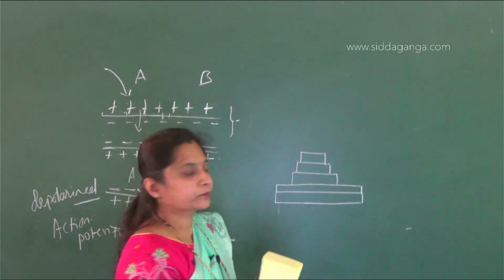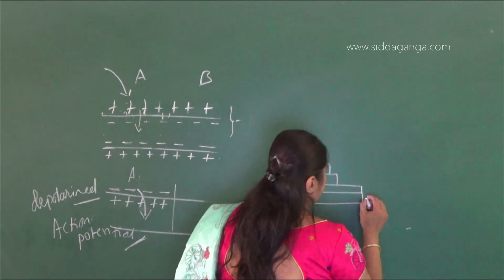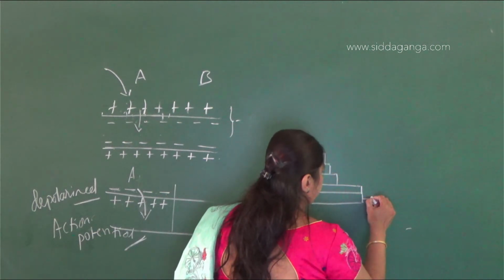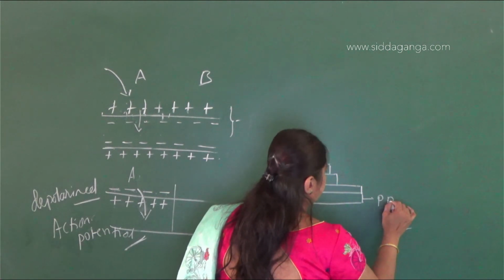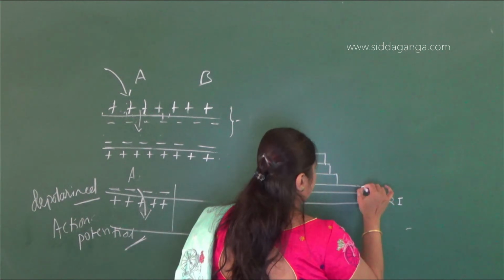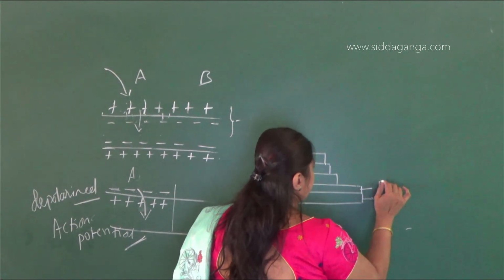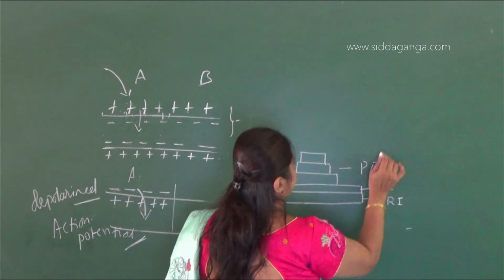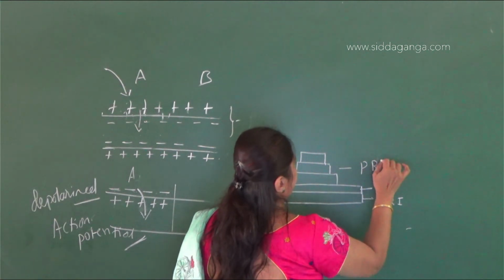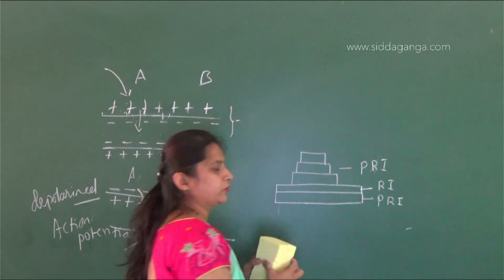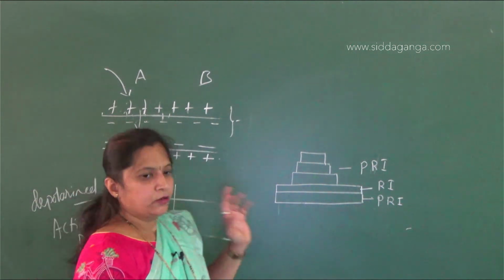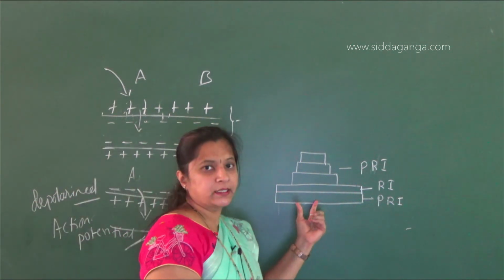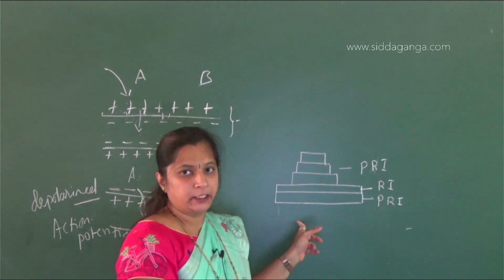At the base are pre-reproductive individuals, in the middle reproductive individuals, and at the top post-reproductive individuals. So this is a bell-shaped age pyramid.